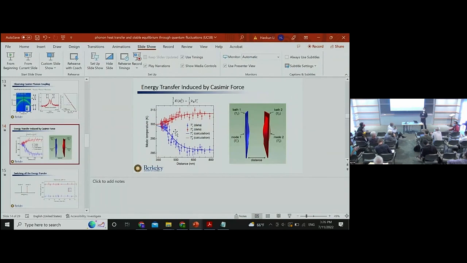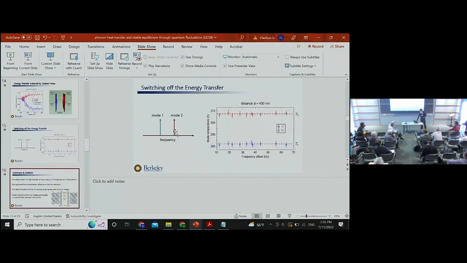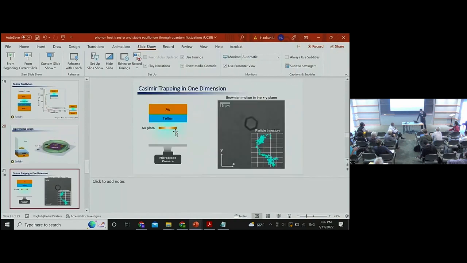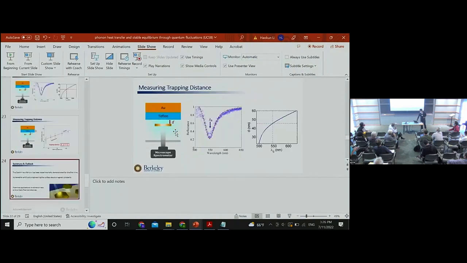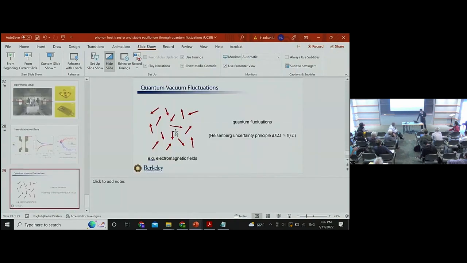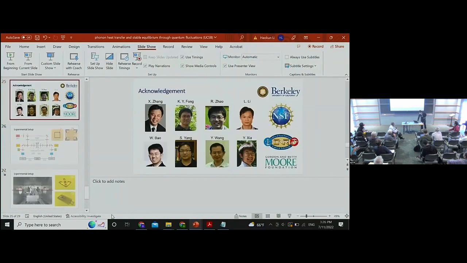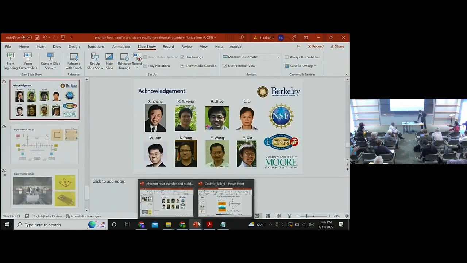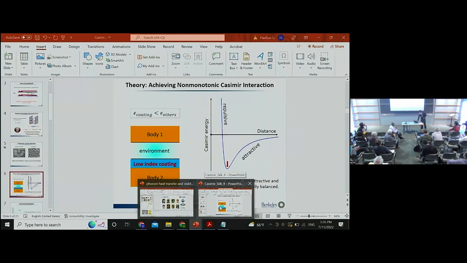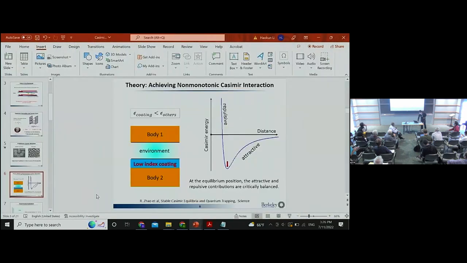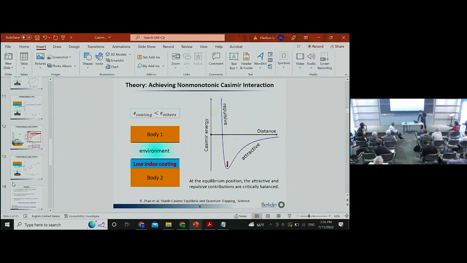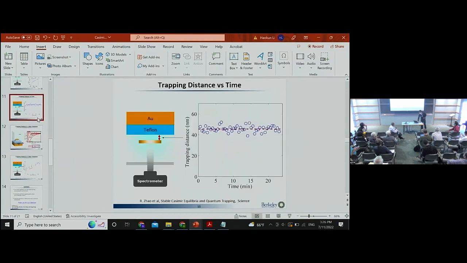I guess my question is for the Z direction, the equilibrium. Did you measure the fluctuation in the Z direction? Do you have that? We have Z variance. Let's see. The Z. I guess you got the view.